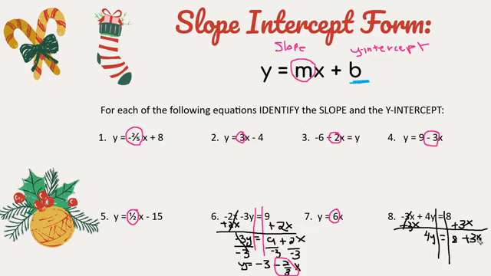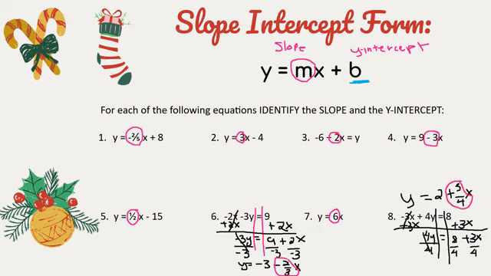Then to get the y by itself, I'm going to divide each term by 4. And so now I have y equals 2 plus 3/4 x. So now I can see that my slope here is going to be 3/4.